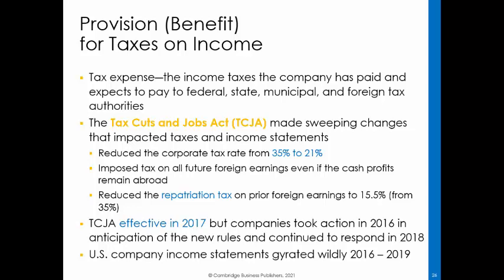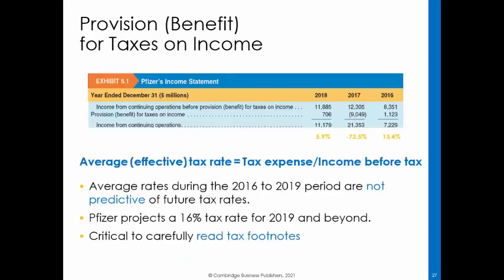The effects of the Tax Cuts and Jobs Act continued into 2018 as companies responded to the new rules by realigning operations and repatriating past foreign earnings. Pfizer reported a tax benefit of $9,049 million in 2017 as a result of the Tax Cuts and Jobs Act.